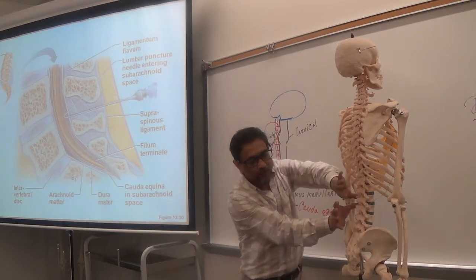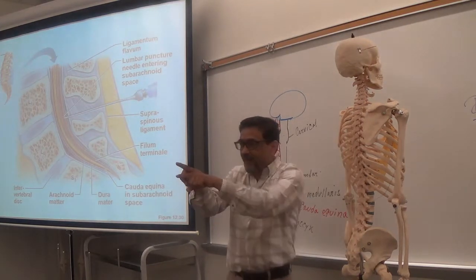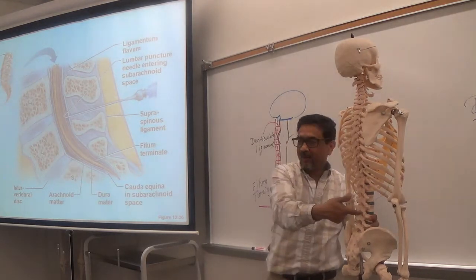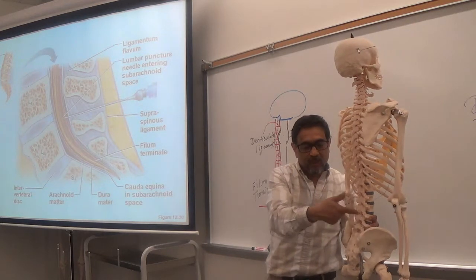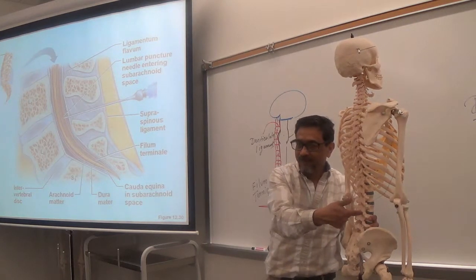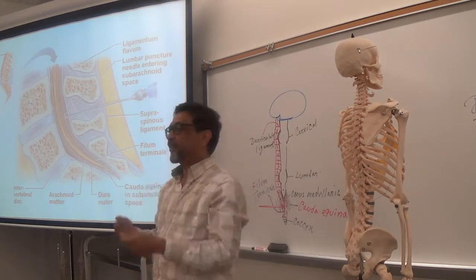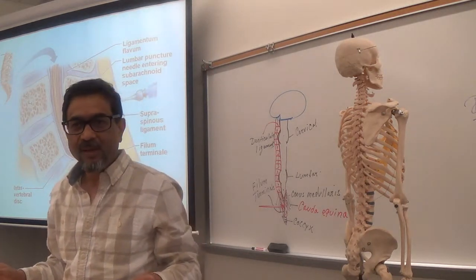And when you turn the body this way, these openings get what? Bigger. So you can easily insert the needle, okay? And there is no spinal cord in this part, right? But cerebrospinal fluid is there, so you can easily collect the cerebrospinal fluid without injuring the spinal cord, right?